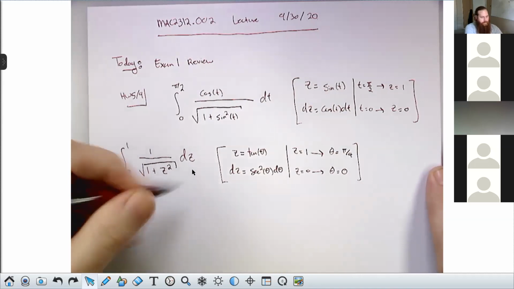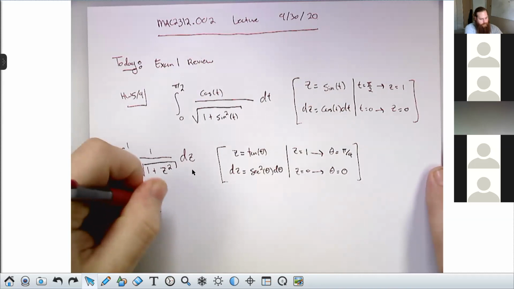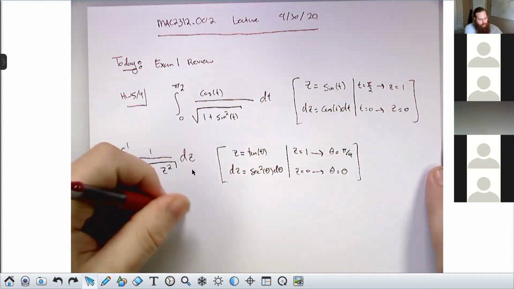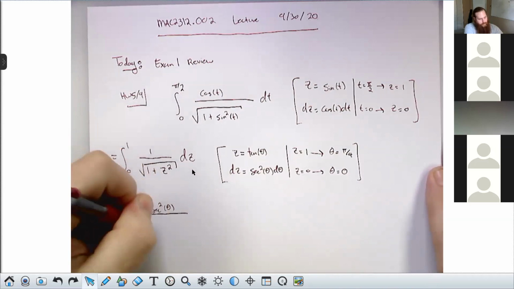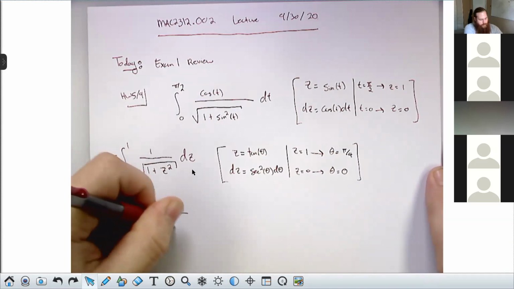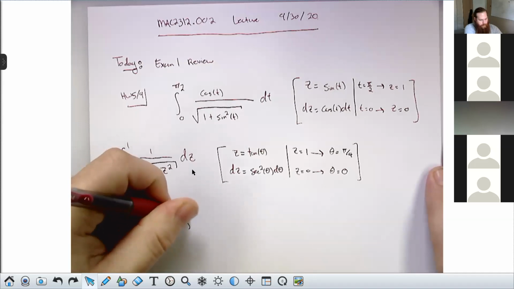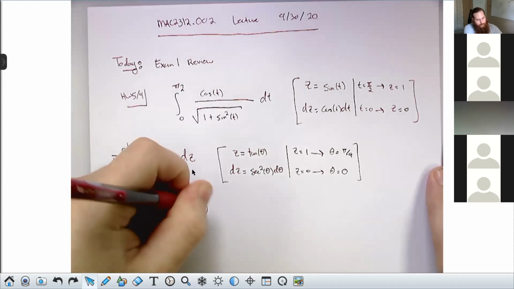My integrand here, dz, is secant squared theta. So I'll have secant squared theta upstairs. Downstairs, I'll have the square root of 1 plus tangent squared theta. And then my d theta.